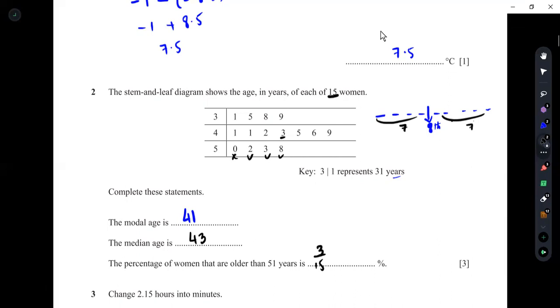So 3 out of 15 are older than 51 years. So we multiply it by 100% to get the percent answer. 3 over 15 times 100 is 20%. So there are 20% of women with age more than 51 years old as listed.